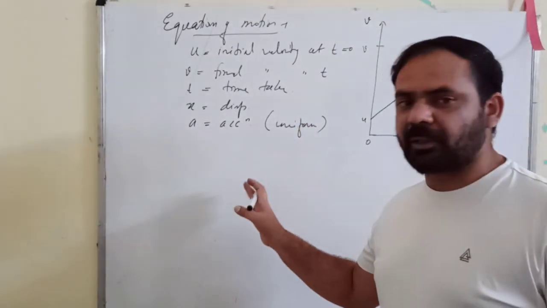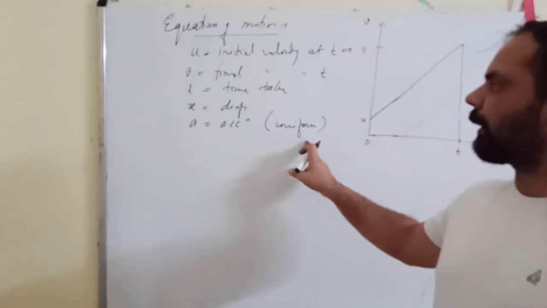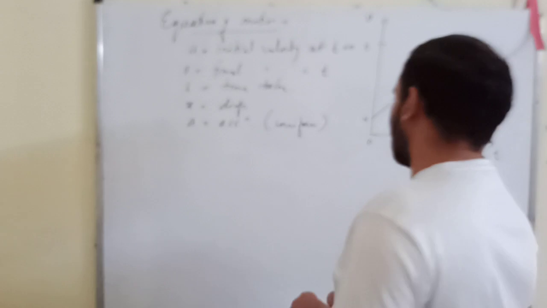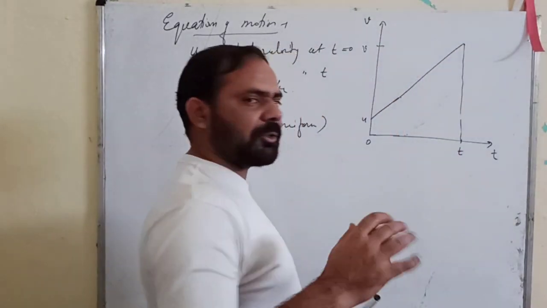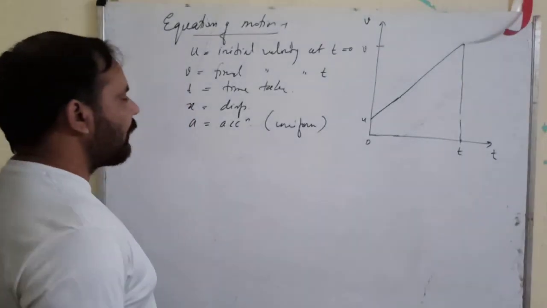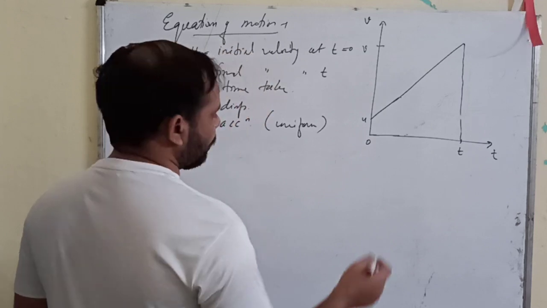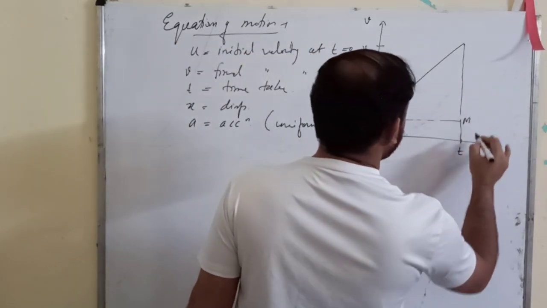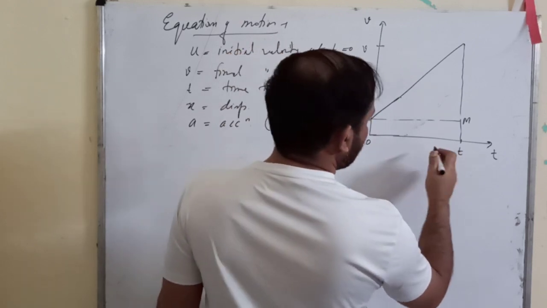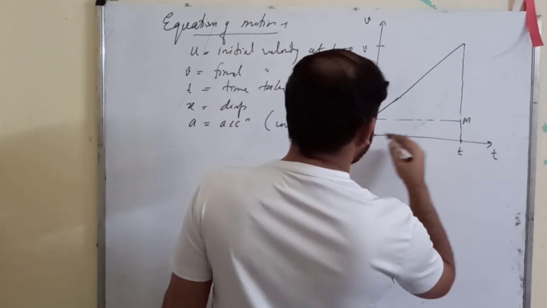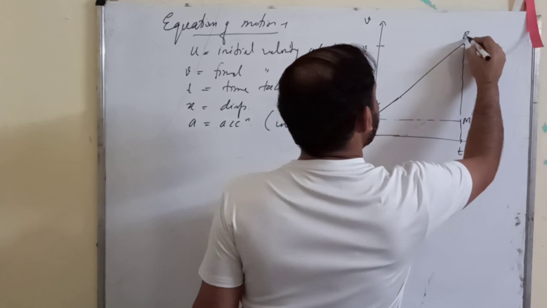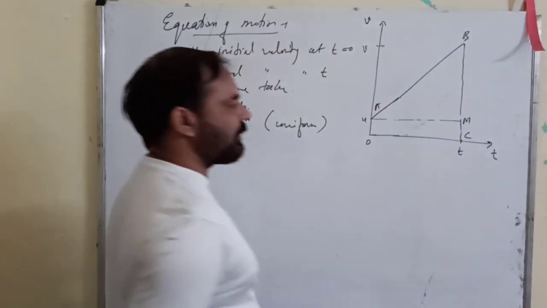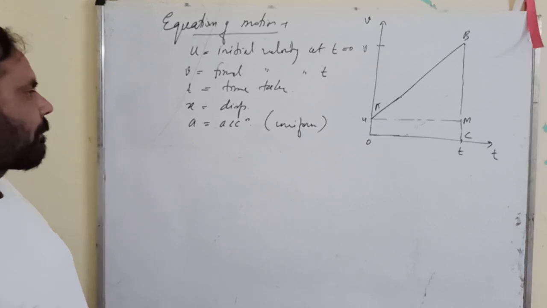If your acceleration is non-uniform, then you cannot apply these equations of motion. This acceleration should be constant, uniform. Alright, so I draw a perpendicular like this, suppose M, and let us name these as A, B, M, and let us suppose this is C, right?